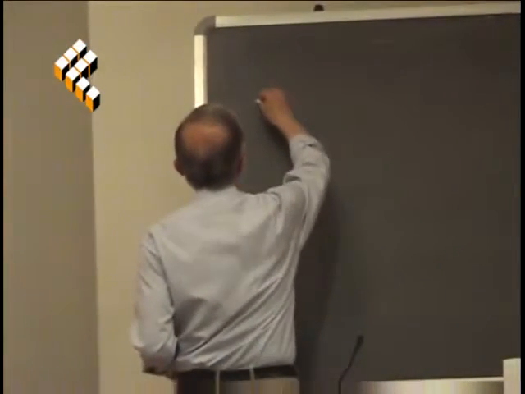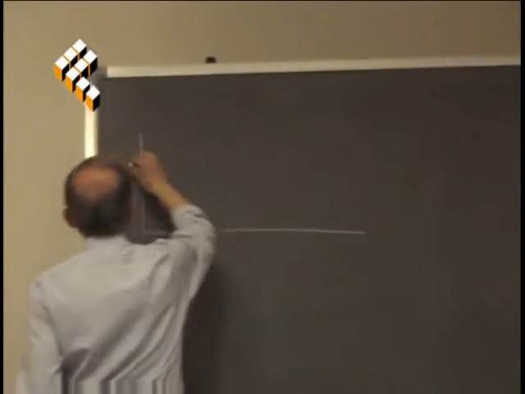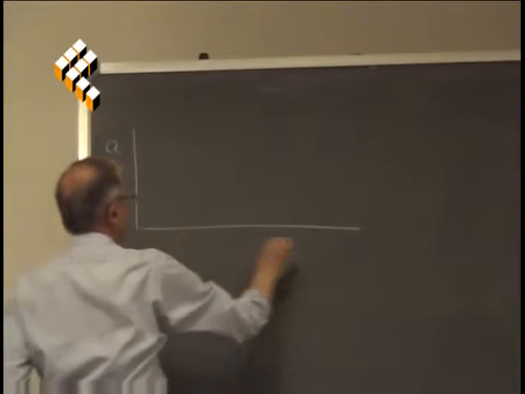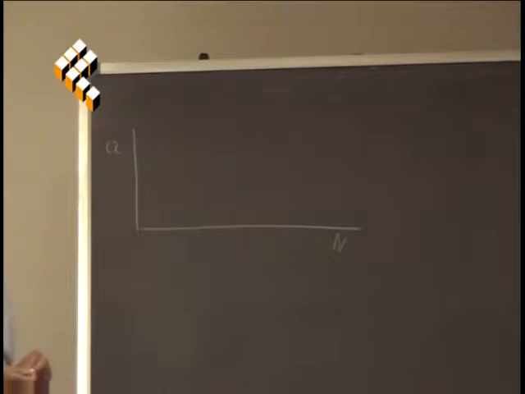Once again, I'd like to demonstrate something with the blackboard. I'm showing you a diagram of the development of the crack size as a function of load cycles for two different cases.